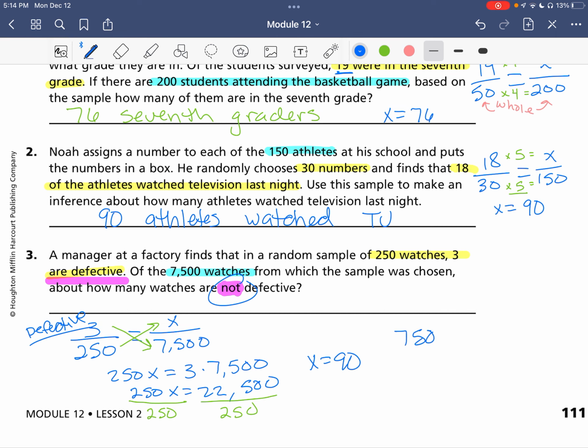So 7,500 minus that 90 means that 7,410 are good to go. They are not defective. So our answer for how many watches are not defective: 7,410 watches.